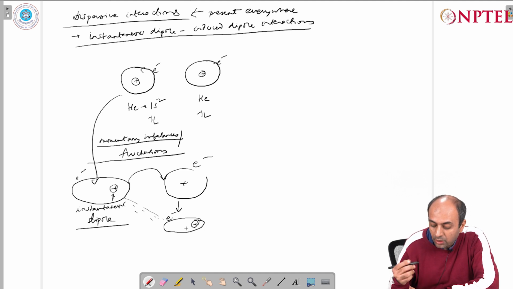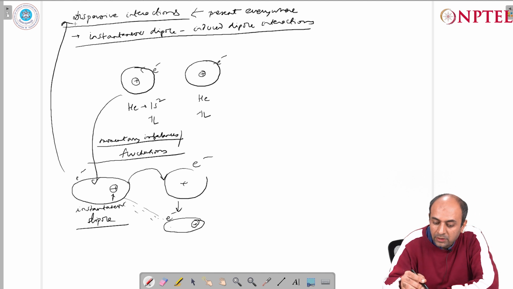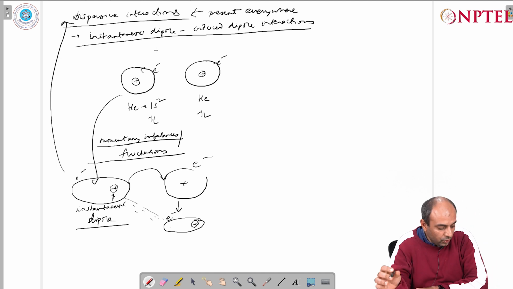This is more quantum mechanical in origin, because we are talking about the wave nature of the electrons, but this creates the necessary driving force for the nucleus of one helium atom to interact with the electron density of the other helium atom, because it has induced a dipole in the other helium atom, and this gives rise to the dispersive interactions which we have talked about, which is a case of instantaneous dipole, induced dipole interactions.